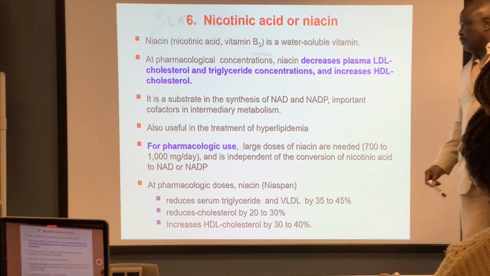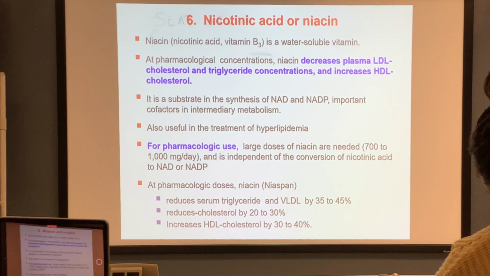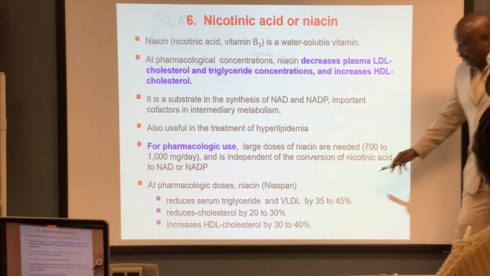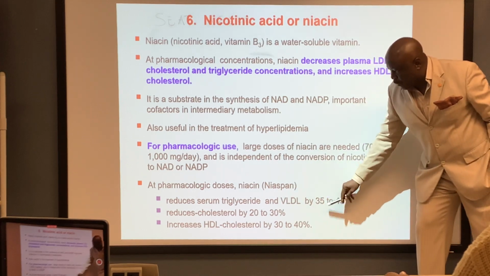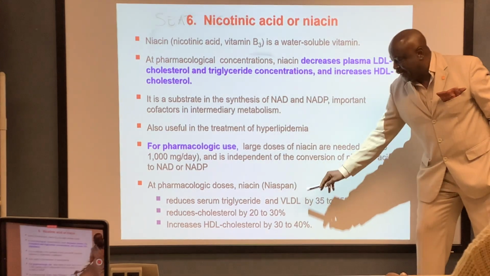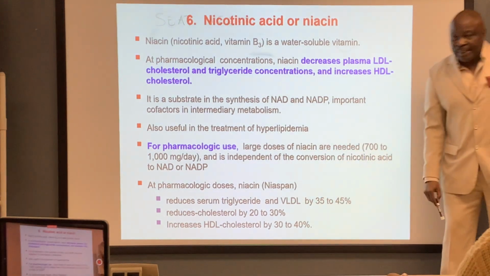They are very useful in the treatment of hyperlipidemia. For pharmacologic use, that's the dose. You will get more of that with pharmacy practice. But when you give it at pharmacologic doses, you will notice that these changes are pretty similar. They are not too bad. That's why it's the only agent that has good activity on all three.